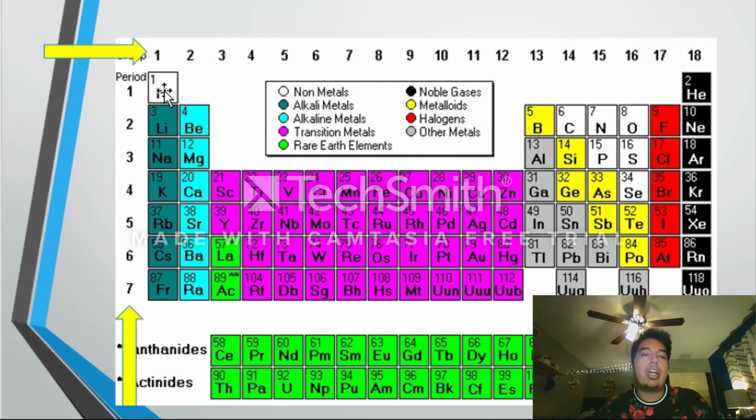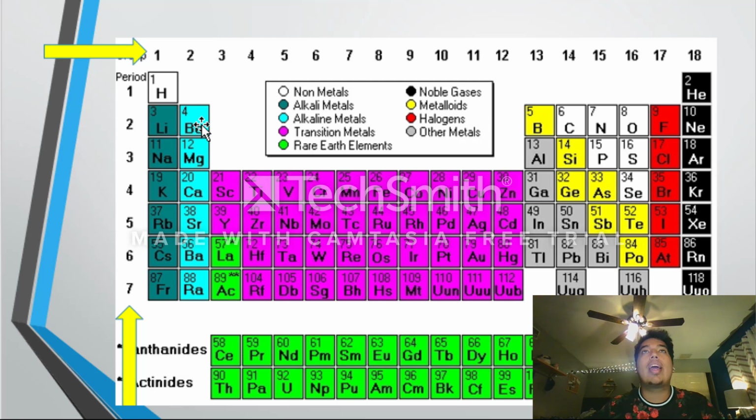But the more right you go this way, the smaller your radius gets. Let me explain. With lithium, you have 2 shells, 2 electrons in the first shell, 1 electron in the second shell, and then you have beryllium. It has 2 electrons in the first shell, 2 electrons in the second shell.